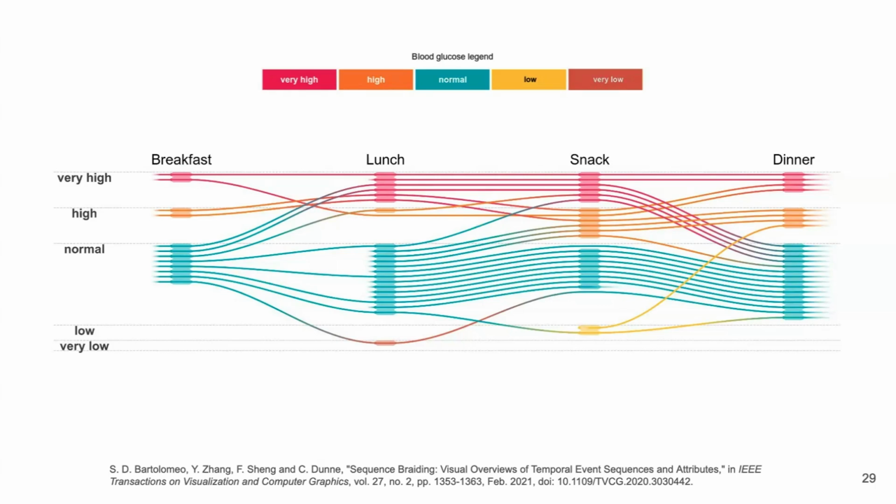So maybe the patient is having a problem with breakfast that they do not even realize. Or, there's so many effects that go into this. If they do sports, then it can create a problem. But still, maybe the space that we should analyze is the one between breakfast and lunch.